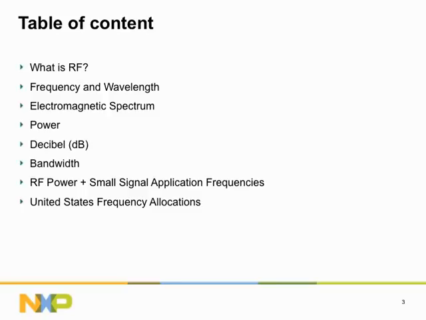We'll explain the impressive electromagnetic spectrum, the power that RF can have, the unit decibel, and the term bandwidth of RF applications. We'll zoom into a part of the spectrum and show you some typical applications. And finally, try to impress you with the United States frequency allocation map to give you an idea of RF's ubiquity and importance.